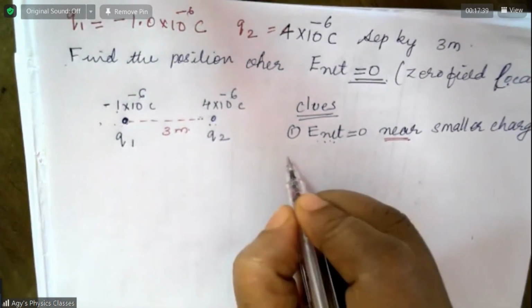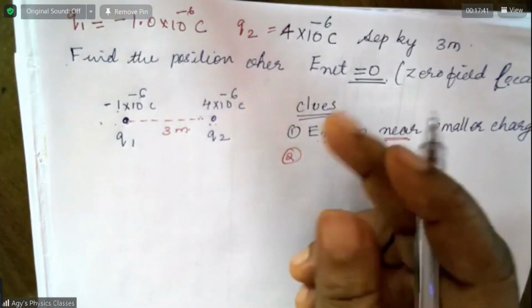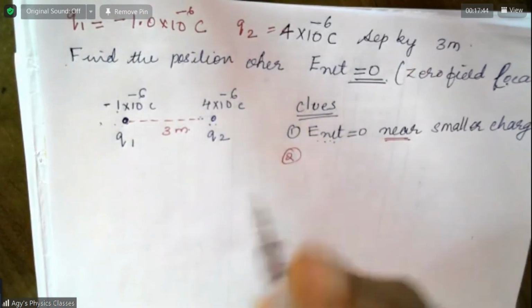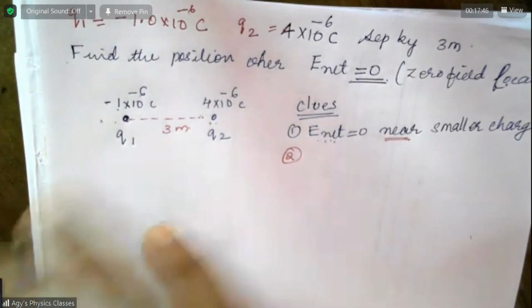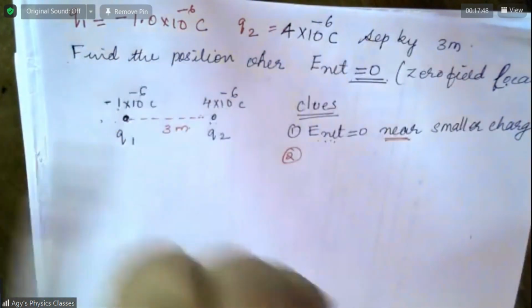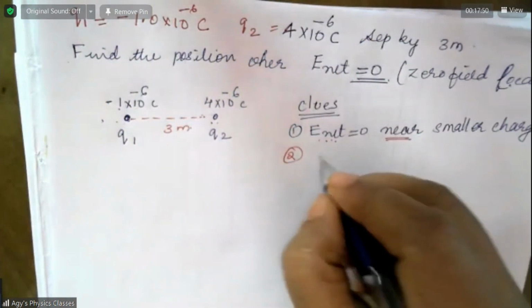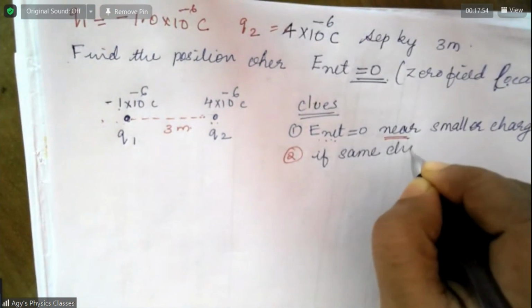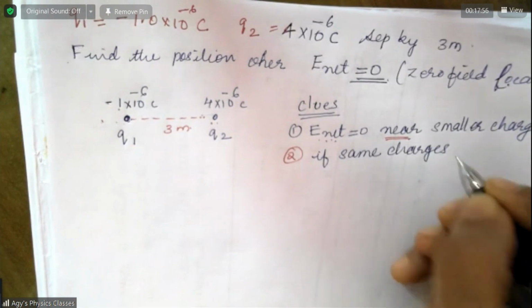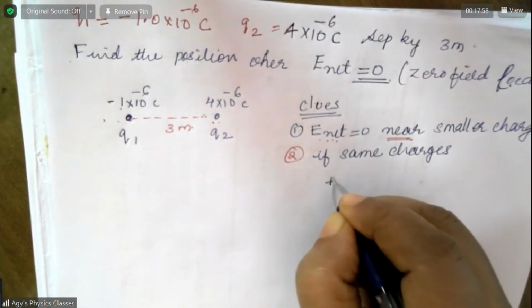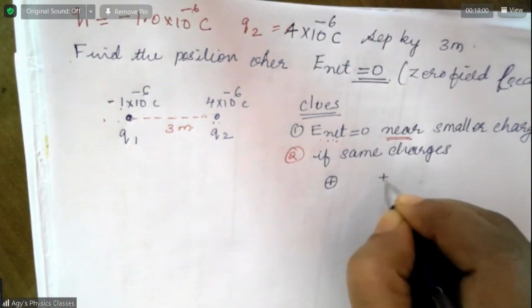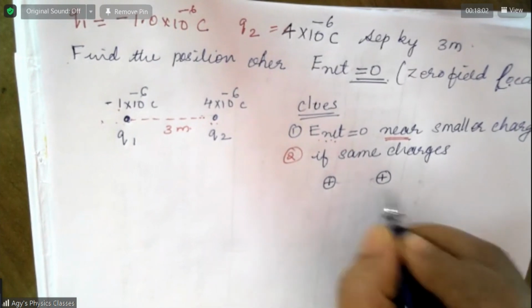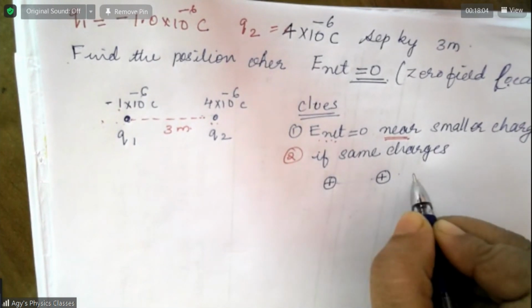Second condition, what we did earlier. If they are the same charges, that means both are positive or both are negative, where will the field be 0? Is it between them or away from them?